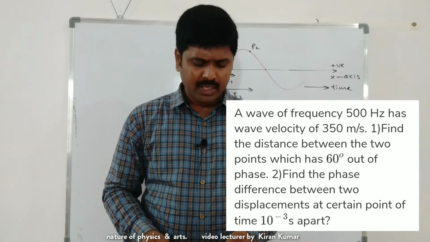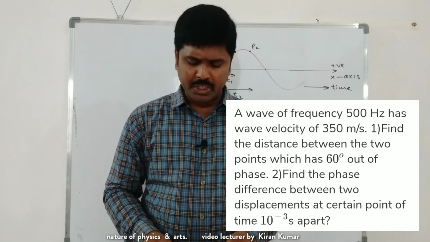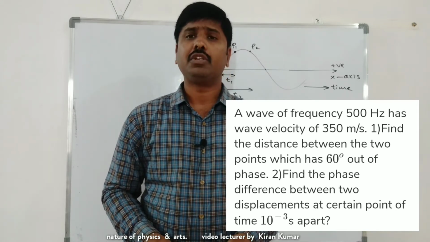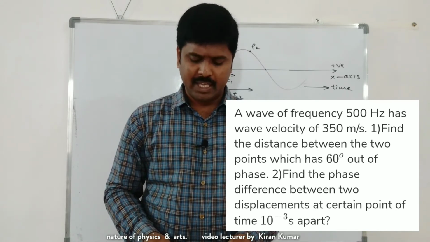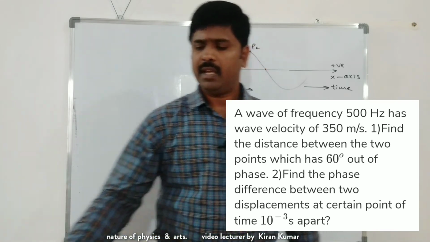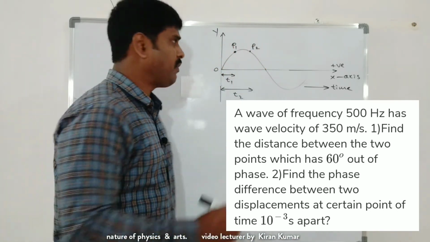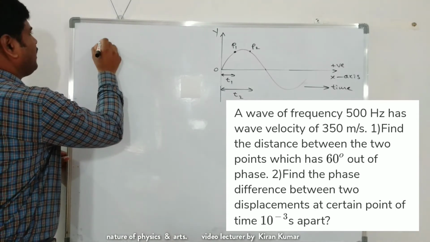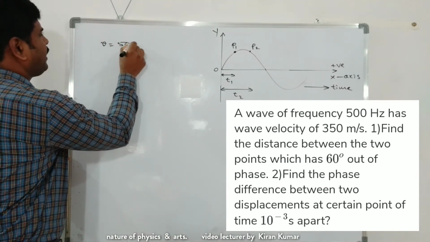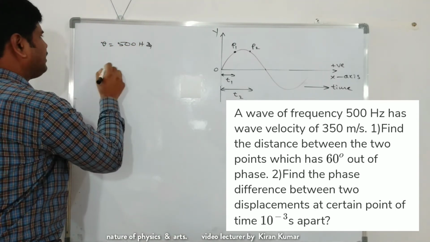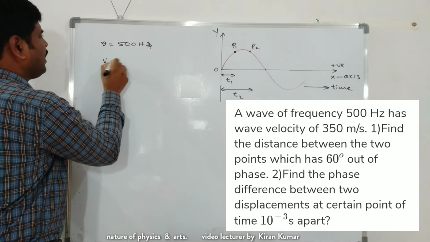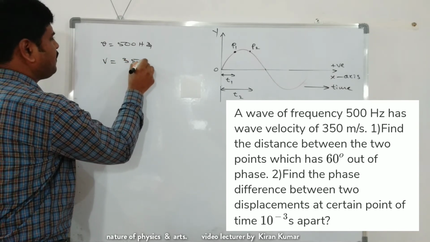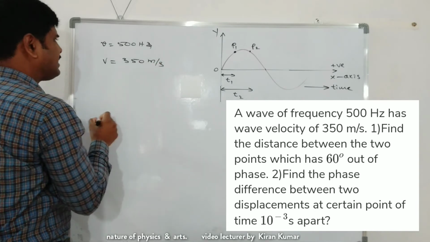Second, find the phase difference between the two displacements at a certain point, 10 to the power of minus 3 seconds apart. See, in this question the frequency is given. That frequency nu is equal to 500 Hz. And the second one, the velocity of the wave is given, that is 350 meter per second.